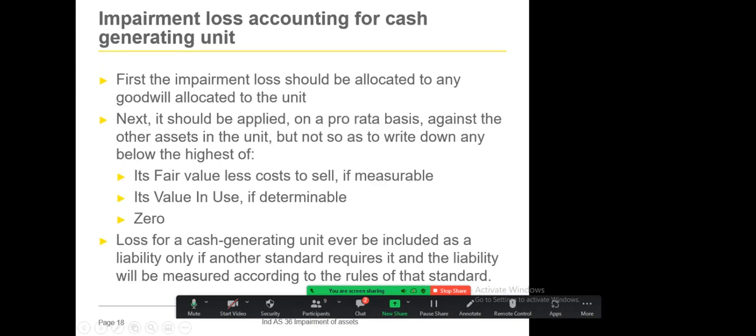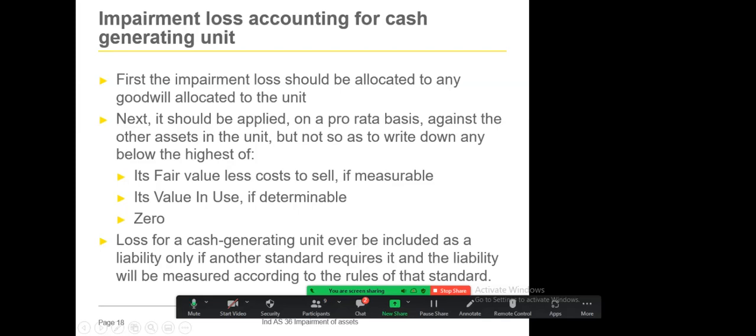Next, it should be applied on a pro rata basis against the other assets in the unit, but not so as to write down any value below the highest of: fair value less cost of disposal if measurable, its value in use if determinable, or zero.